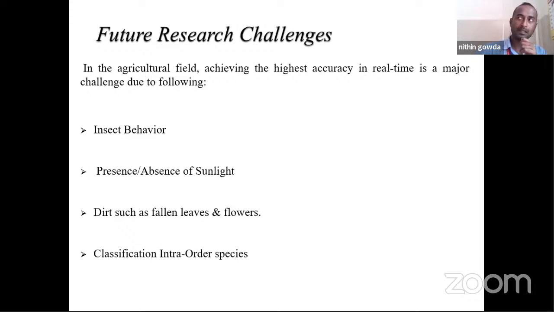Because the house fly and the harmful fly will look the same. The physical appearance is the same because both come under the class Diptera. Houseflies are not harmful. They will not harm any crops. So such challenges are there. So it's still in progress. I have not stopped implementing it. I have fixed which features to consider and which deep learning models to consider. So I'm in that stage. Now I need to design a device to help our farmers.